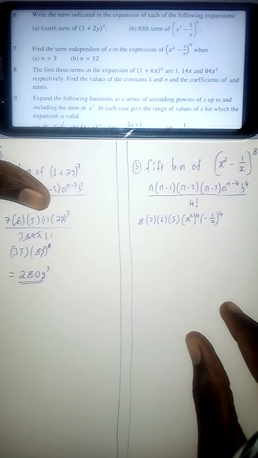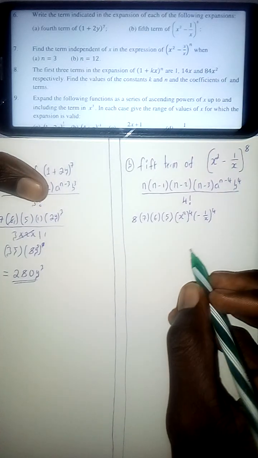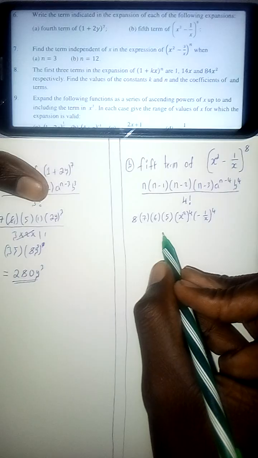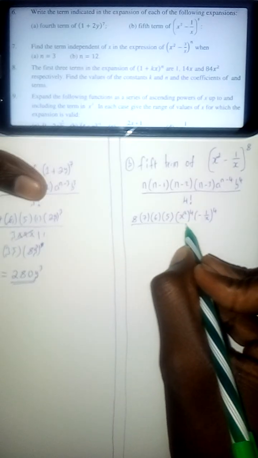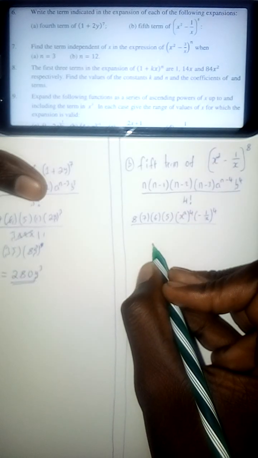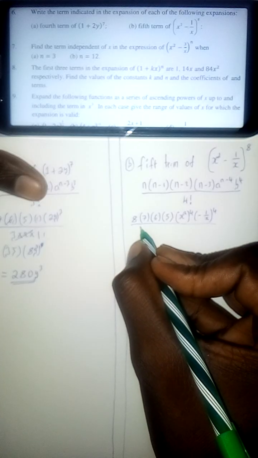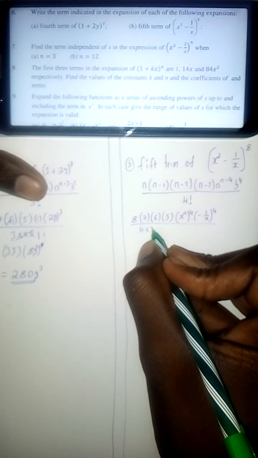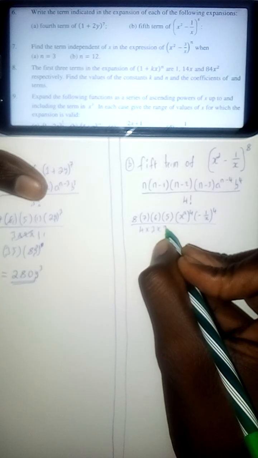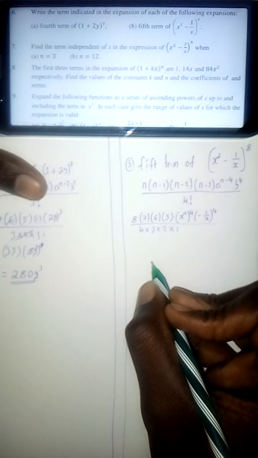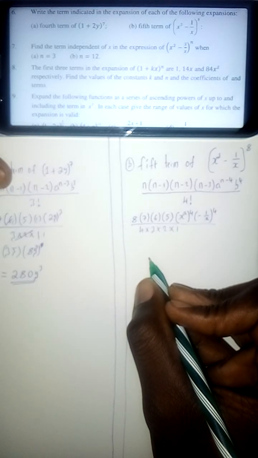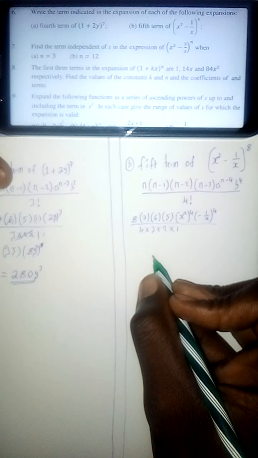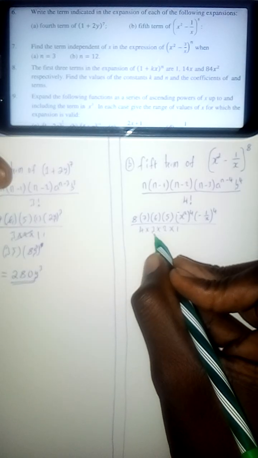Hope this is clear. So over 4 factorial, which can be written as 4 by 3 by 2 by 1. Have you seen this part?